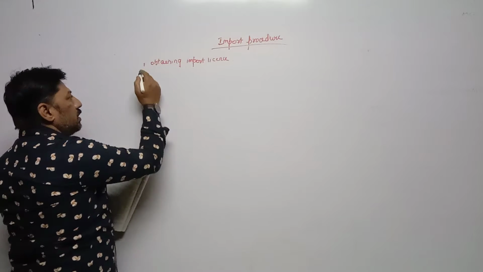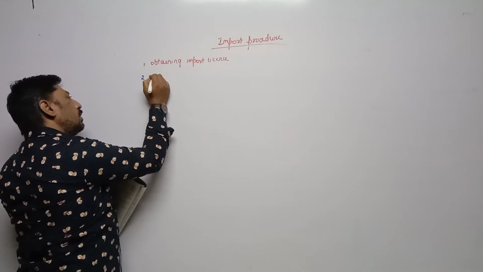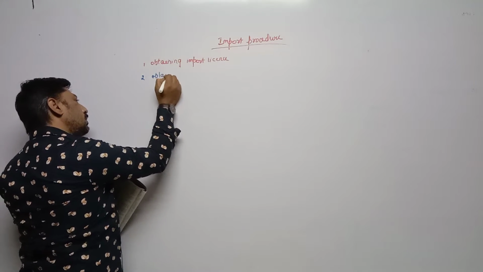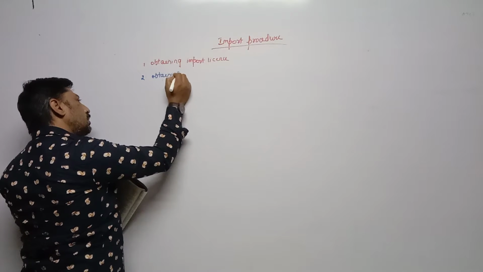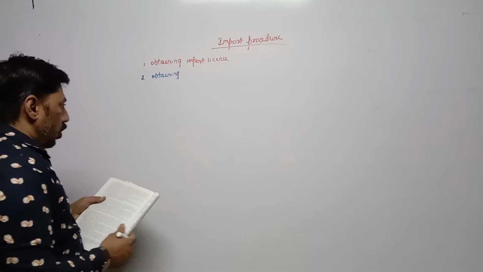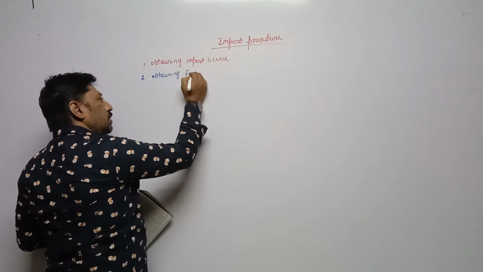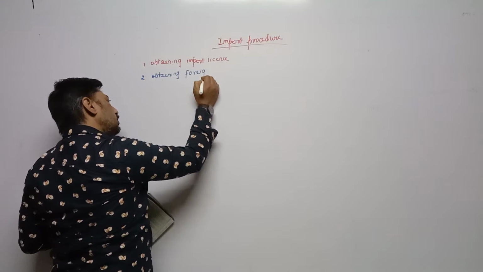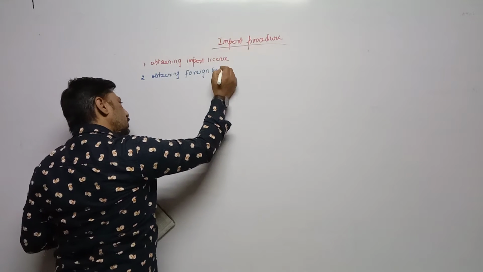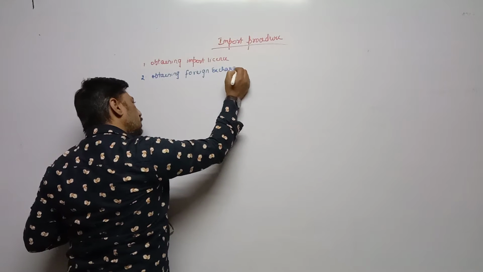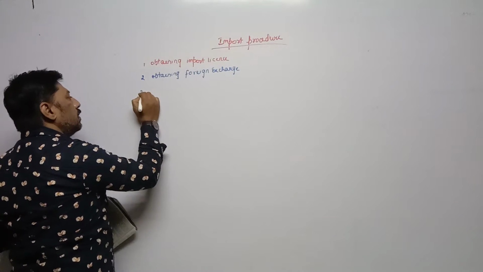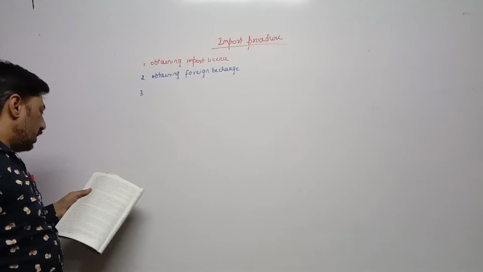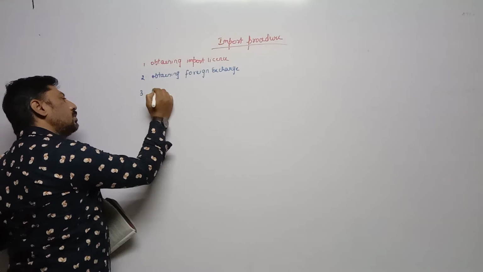Second one is obtaining foreign exchange. Third one is placing an order.